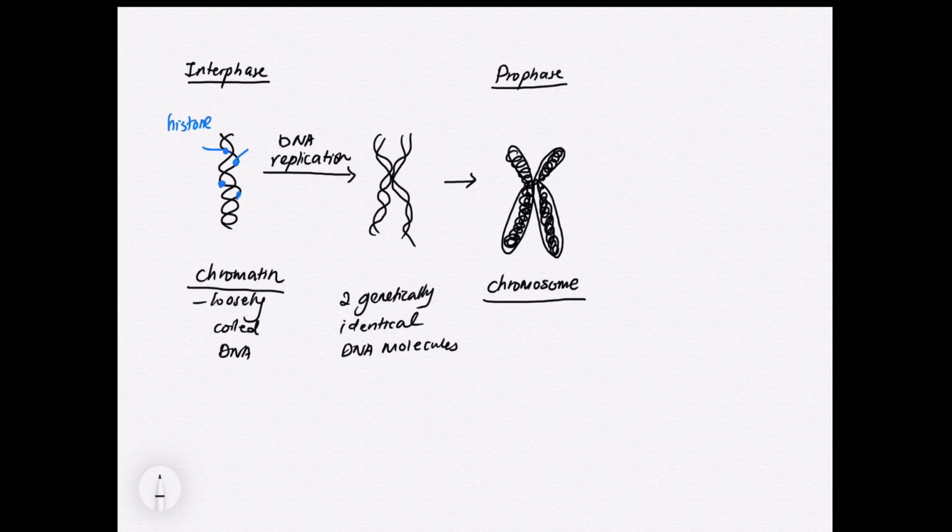So how would you describe the detail of this chromosome? So this particular chromosome is made up of two identical sister chromatids. So the DNA now is known as sister chromatids. So each of the DNA molecule is one of the sister.